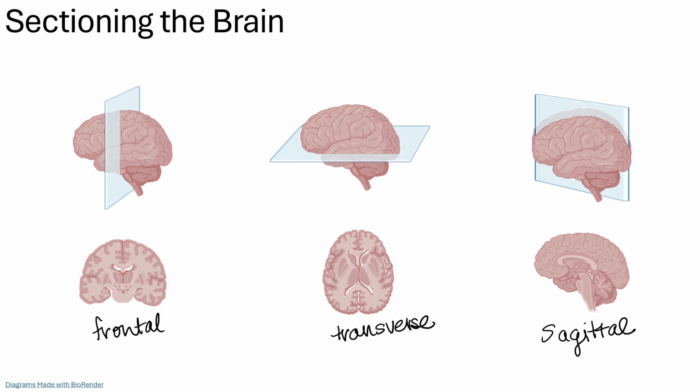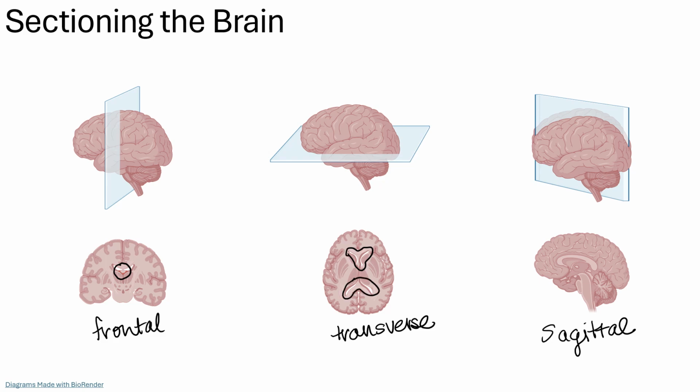So before we're done with the brain, you will have a feel for the anatomy produced by these types of sections. Just a warning, usually the ventricles or the open spaces and the choroid plexuses, which you can see here, they're blood networks, and you can see the ventricles here and here.